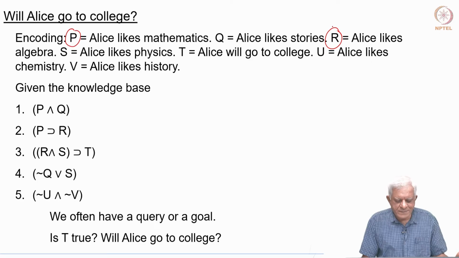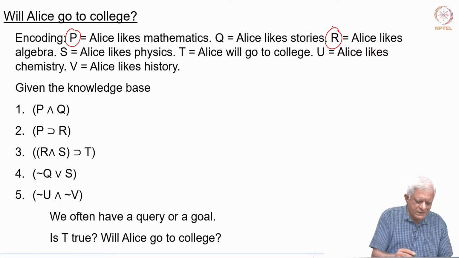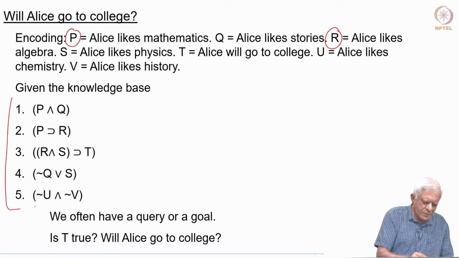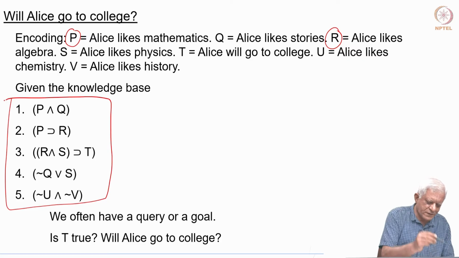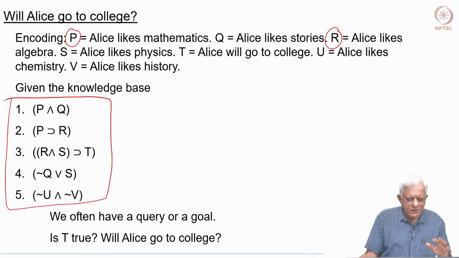So, if Alice likes maths, then she likes algebra, and likewise we had the other statements that were given in the story, but now we are working only with the propositional logic encoding of the story, so that we can do symbol manipulation and come up with whatever we want to show.